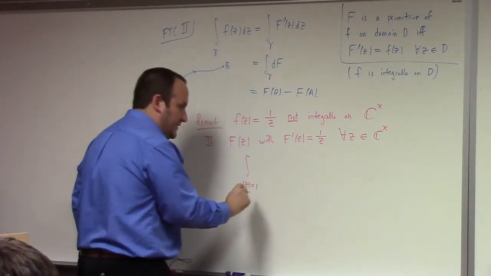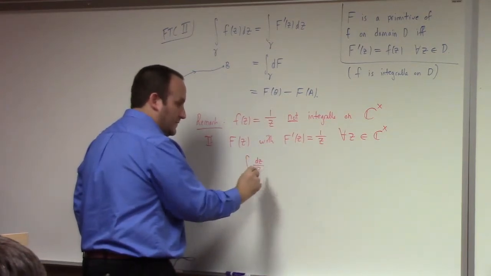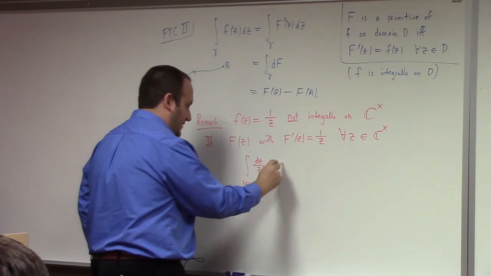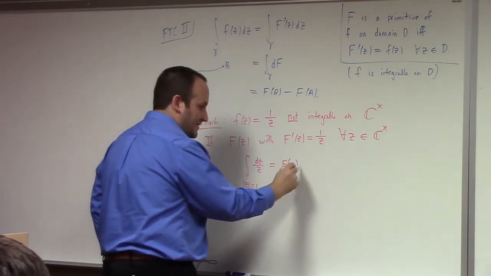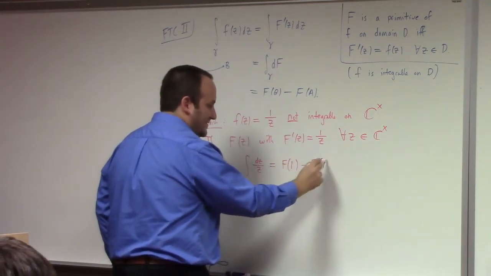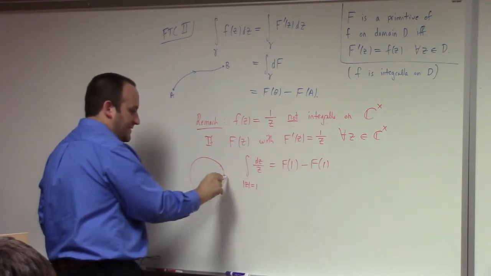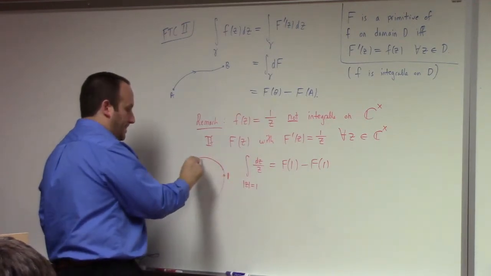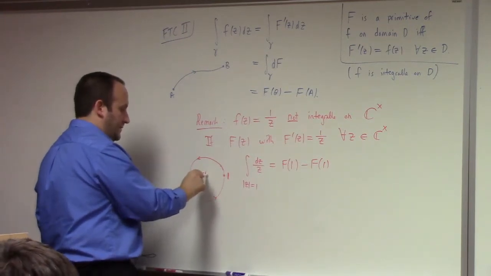The integral over modulus of z equals 1 of dz over z is just what? It would be f of starting point minus f of ending point. Sorry, let me use the number 1. For the unit circle, we could say it starts and ends at 1, so a equals b equals 1.